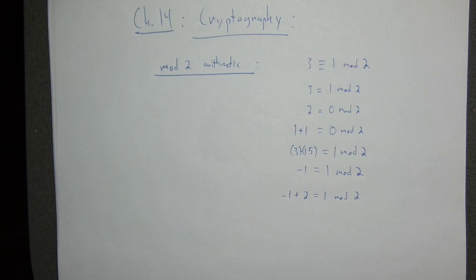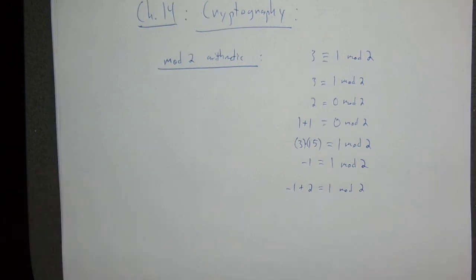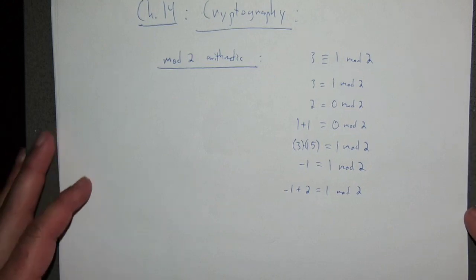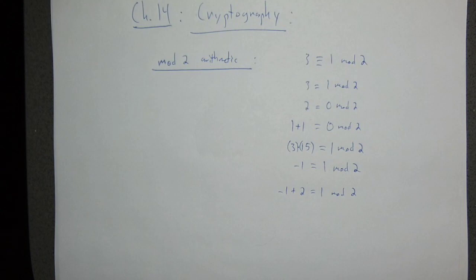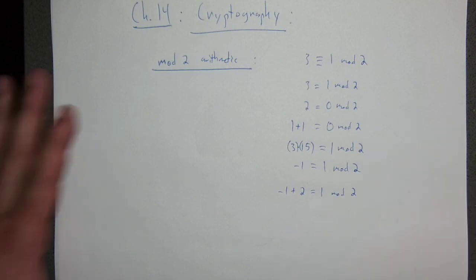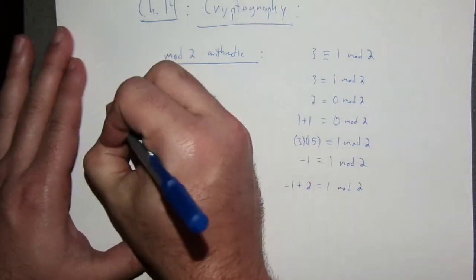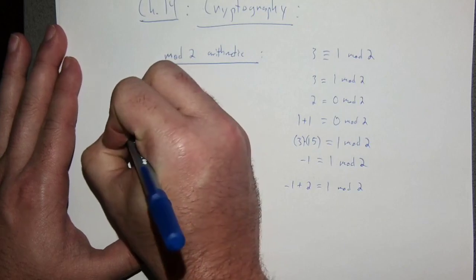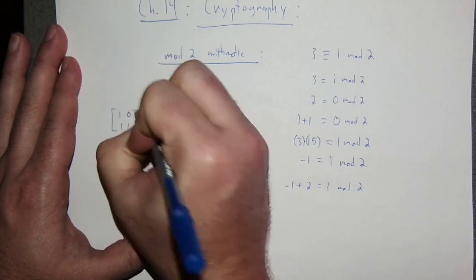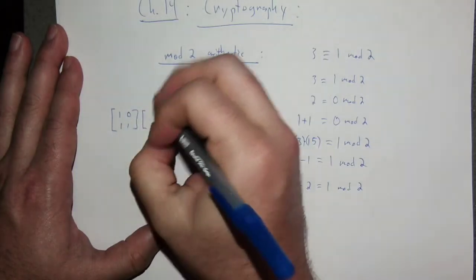If you're familiar with binary, that's essentially what you're thinking of here: you have two choices in each slot, 0 or 1. You can even use this for matrices. The example they use is the matrix 1, 0, 1, 1 times 1, 1, 1, 1.